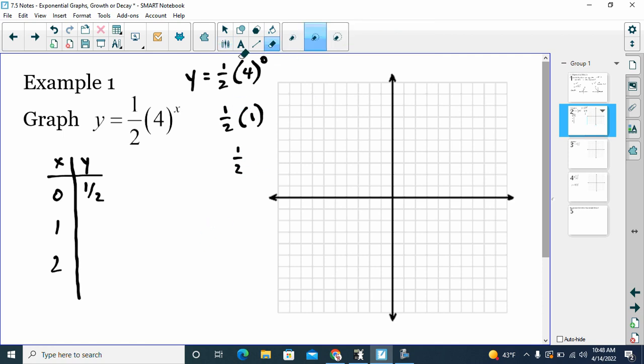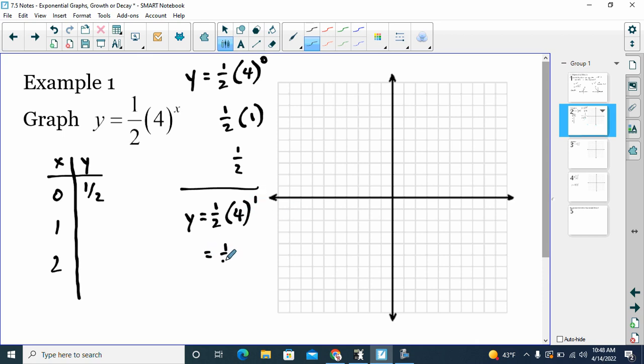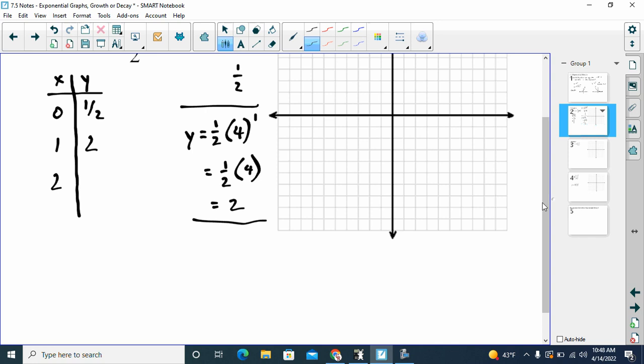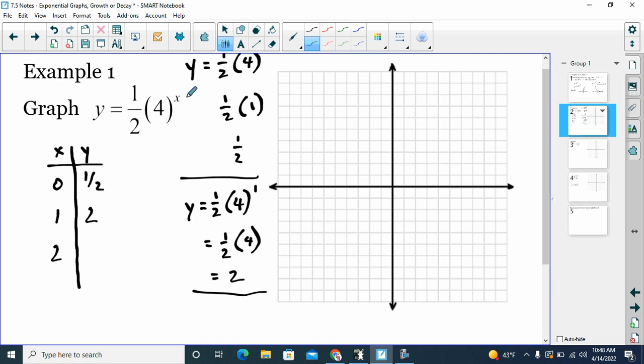Now we want to plug in 1 for our x. So I have 1/2 times 4 to the first power. 4 to the first power is 4. 1/2 times 4 gives me 2. And now we're plugging 2 in for our x.